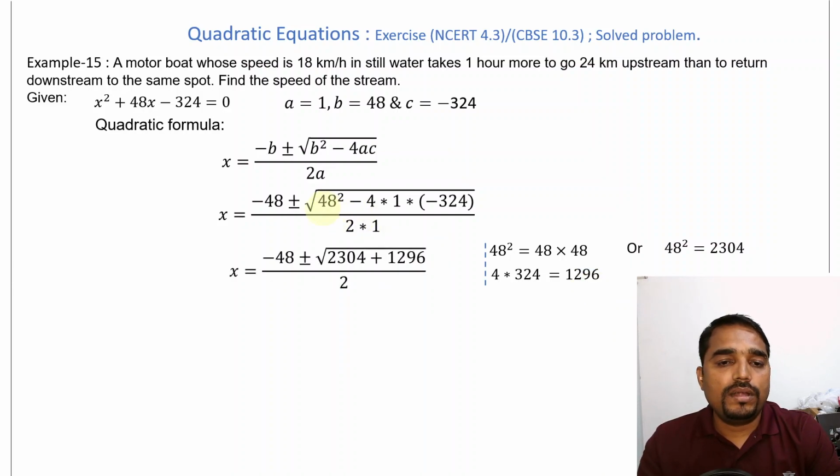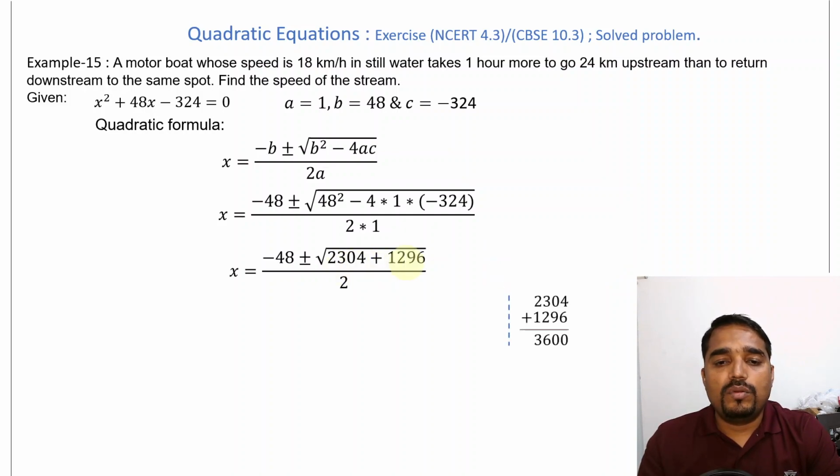So I've substituted 48² by 2304, and for 4 into 1 into −324, minus into minus is plus, so 4 into 324 is 1296. I've substituted both. Now let us simplify by adding the two numbers, 2304 + 1296, which is equal to 3600.